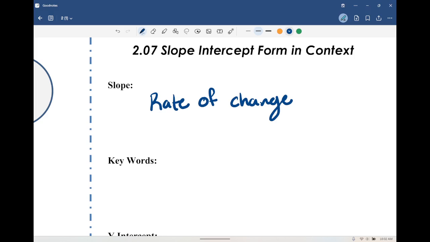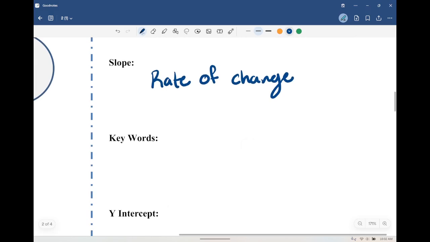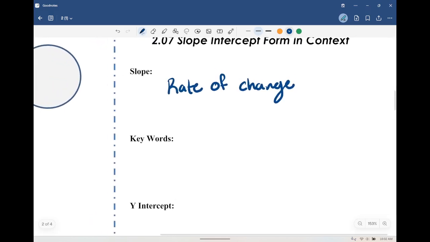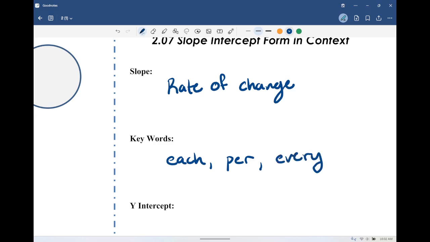Very rarely in a word problem will you be told, oh, the slope is, because that's just not how context works. And so if you don't possibly see rate of change or rate or anything like that, other options for your keywords: each, per, which we saw a lot of yesterday, and every.